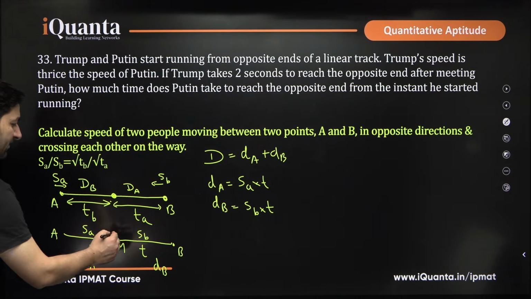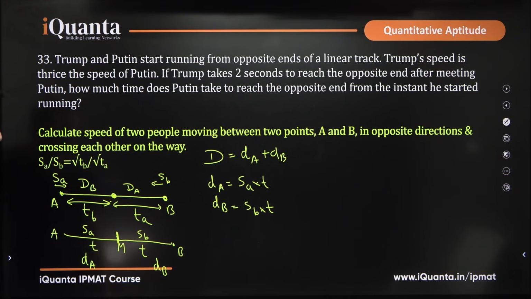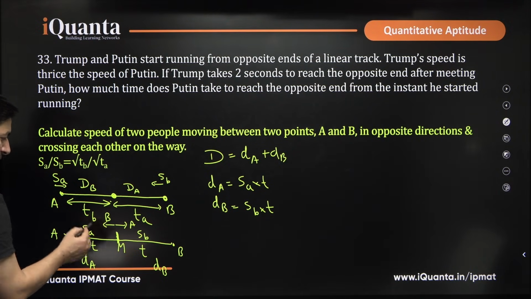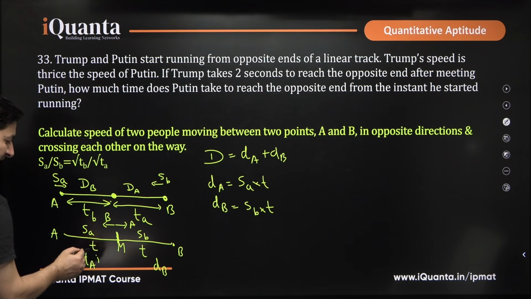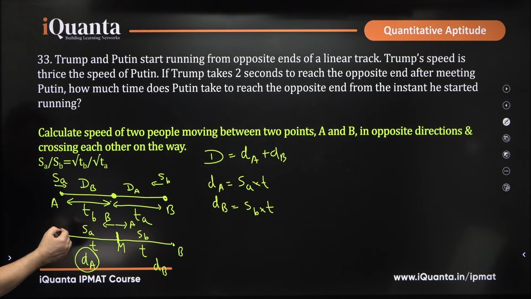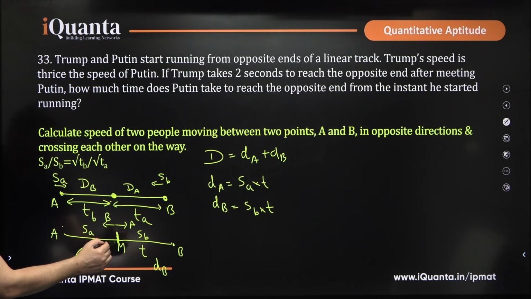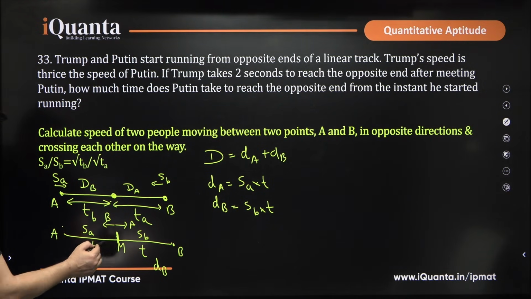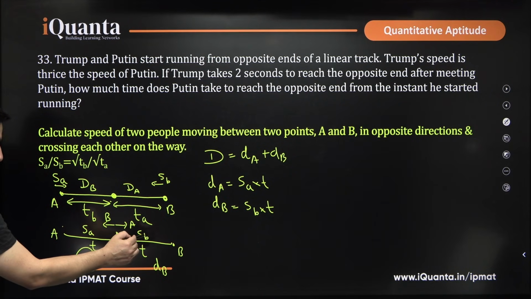Now they have come here, okay, after traveling this much. What will happen? B is also here, A is also here. A will start running in this direction, B will start running in this direction. What was this distance that B is going to run now? It is dA. So the distance that B is going to run now to reach the opposite end is dA after meeting, and he is going to run this distance with his own speed SB.